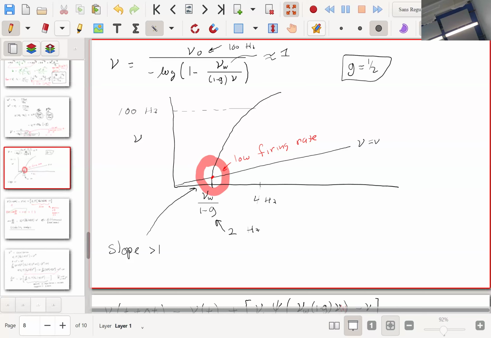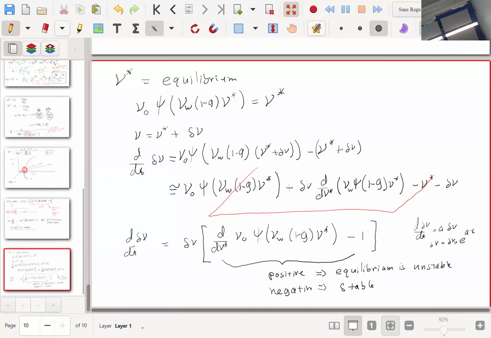We made some approximations, and what we found, according to this very, very simple theory, is that there is no low firing rate equilibrium. Networks of spiking neurons, because they're strongly coupled, can't sit and fire at low firing rates. So that's clearly inconsistent with experiments.